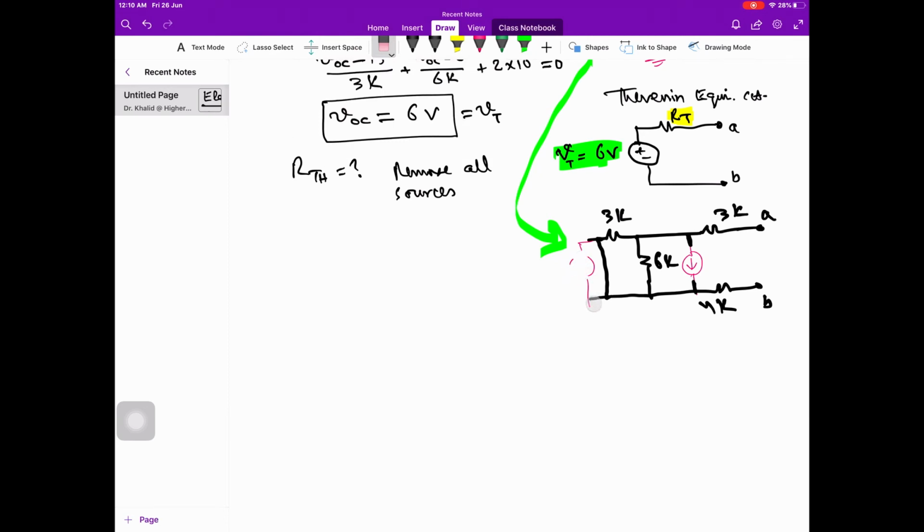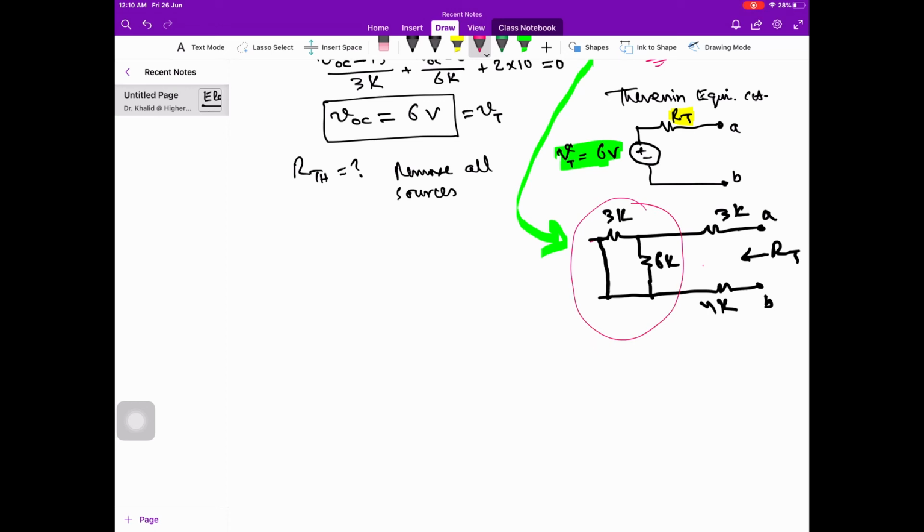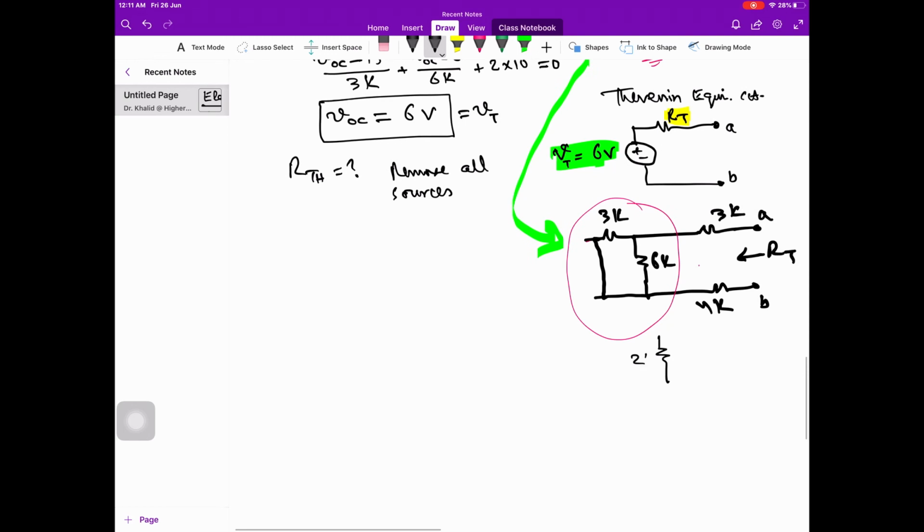So I have removed the voltage source, I have removed the current source, and now R Thevenin is the resistance seen from this side through A and B. Here we see that these two resistors are in parallel, and for these two resistances of 6K and 3K, we have 6 multiplied by 3 over 6 plus 3, which is 2K.